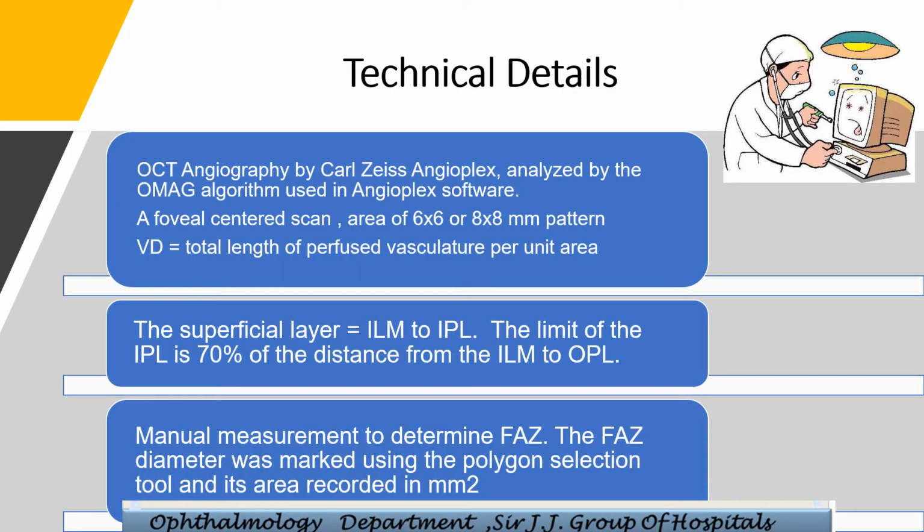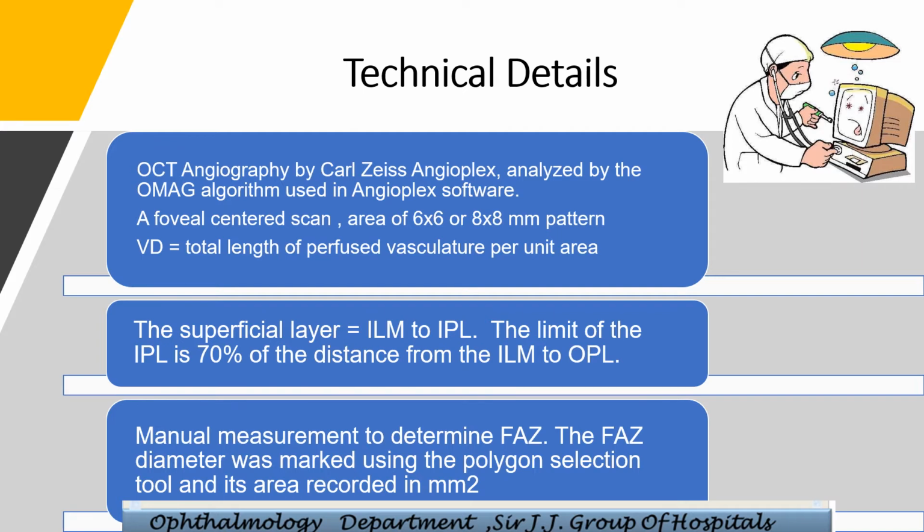The OCT angiography images were taken by Carl Zeiss Angioplex. They were analyzed by the OMAG algorithm used in the Angioplex software. A 4-wheel centered scan was taken covering an area of 6 by 6 or 8 by 8 mm pattern. Vessel density is defined as the total length of perfused vasculature per unit area.